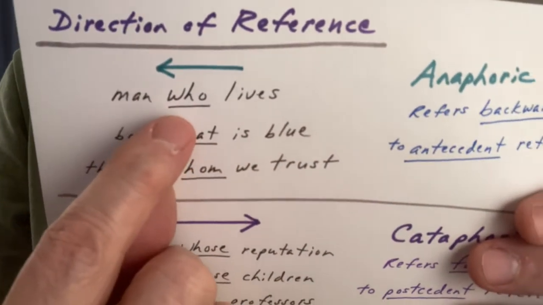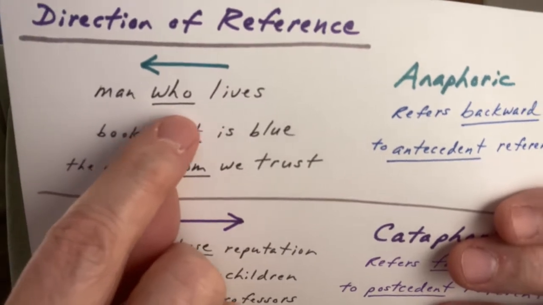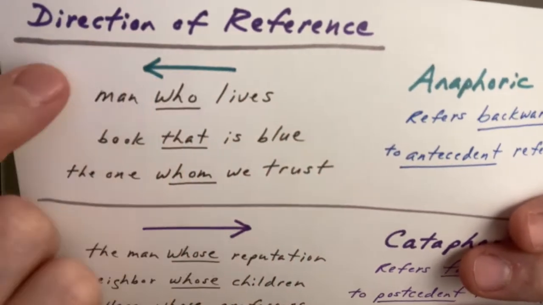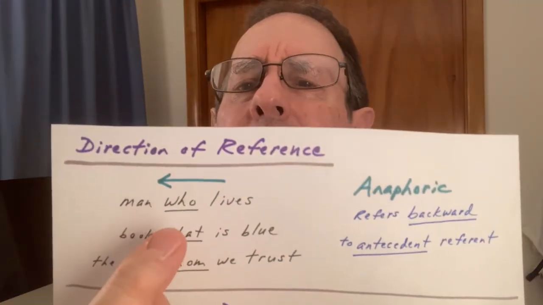The distinction phrase or clause refers backwards. You've seen that in my other videos. I don't need to go into detail, but the point is, it's anaphoric. It refers backwards to a referent which is called antecedent because it comes before. The referent comes before the phrase or clause. Okay, let me show you this again.